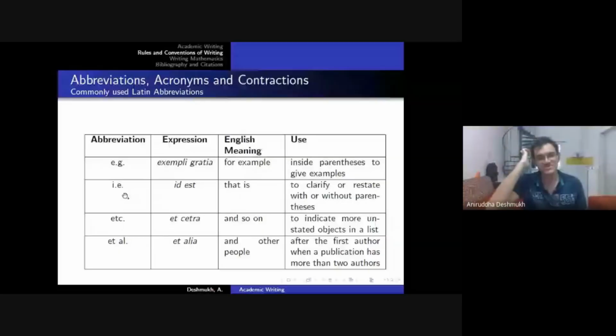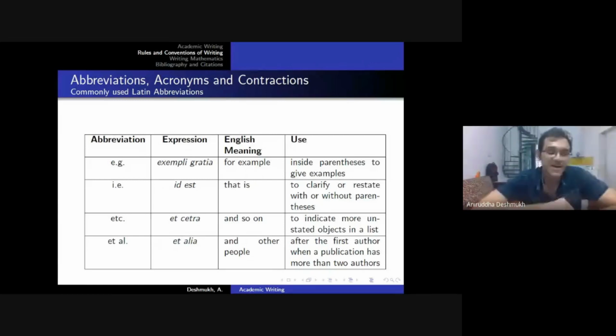The third abbreviation which we all use is etc., and it means et cetera. And it is usually used at the end of a list where you want to indicate that there are more objects which you have not stated, but it is very obvious what objects there are in the list. And finally, the fourth abbreviation which we all usually read in research papers and theses is et al.